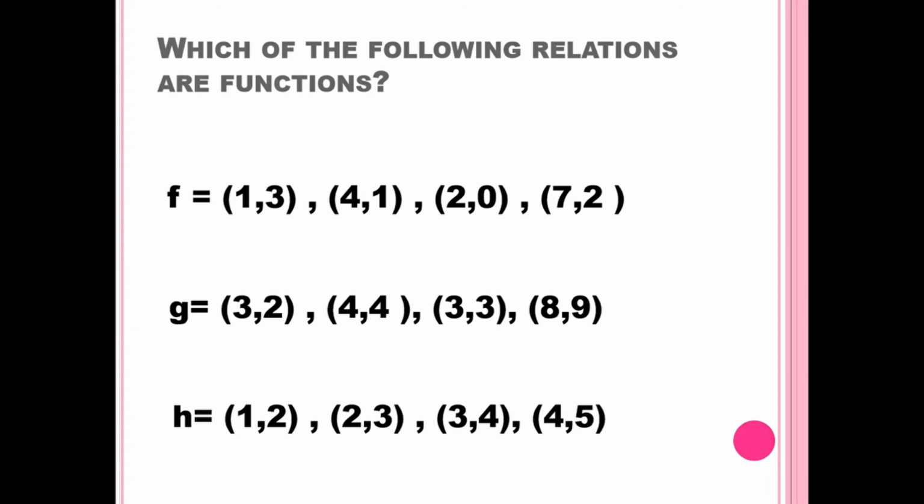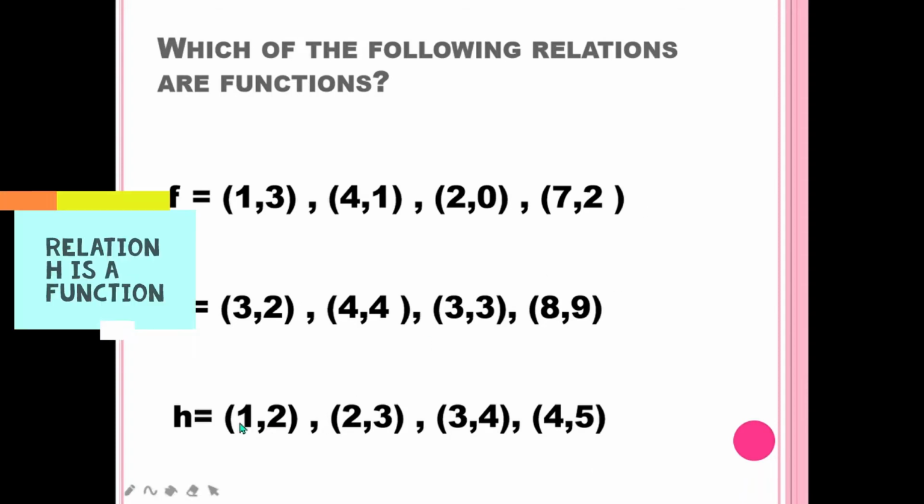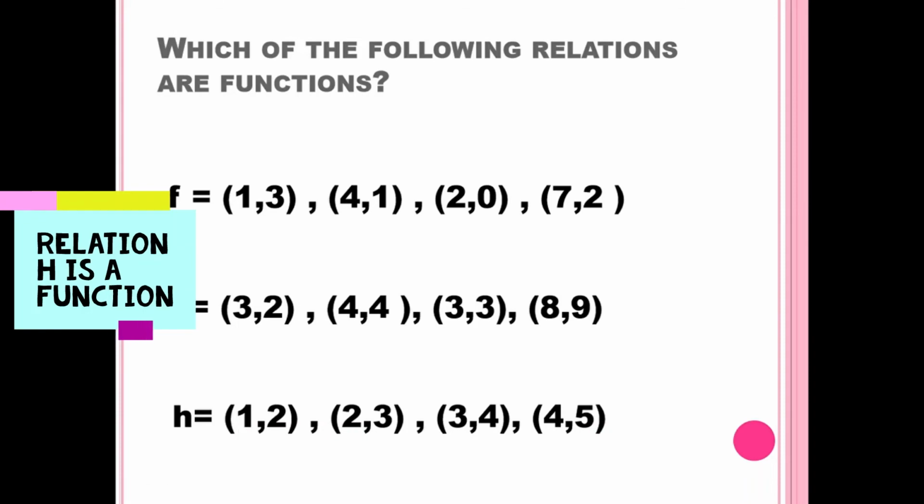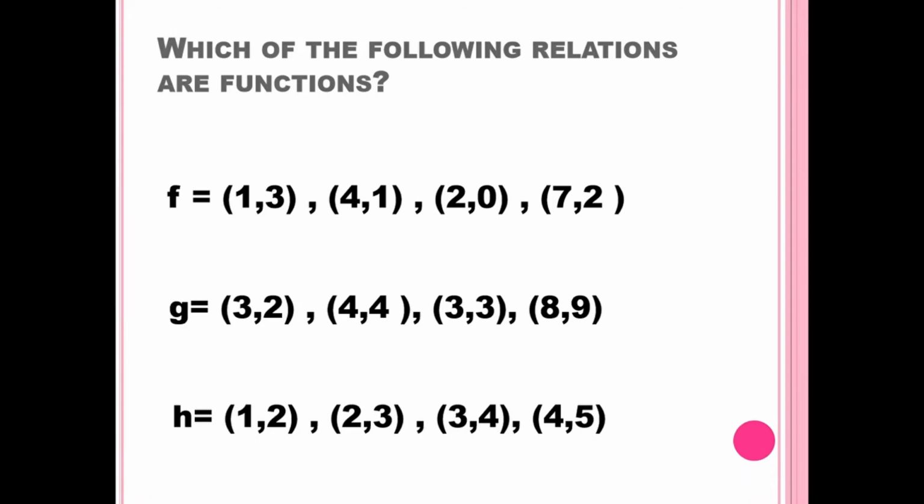So let's go to relation H. We have here 1 and 2, 2 and 3, 3 and 4, 4 and 5. Is there a number in the domain? When we say domain, that is our first number, or our inputs. Is there an input being used twice? None.